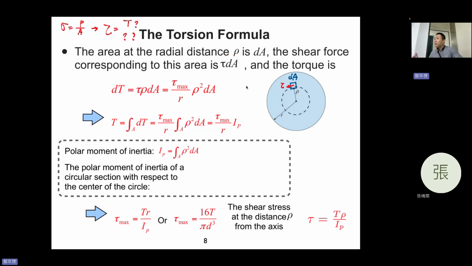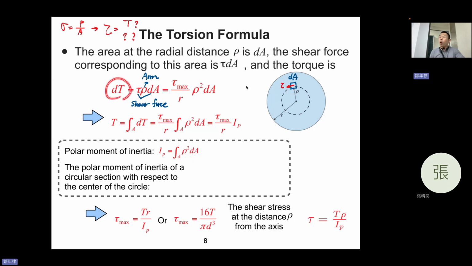The torque done by that shear force is the shear force times its force arm, rho. So tau times dA is the shear force, and rho is the arm.